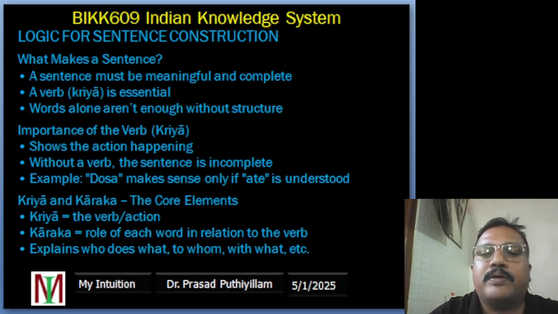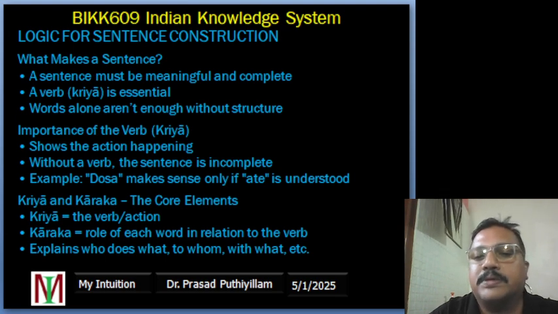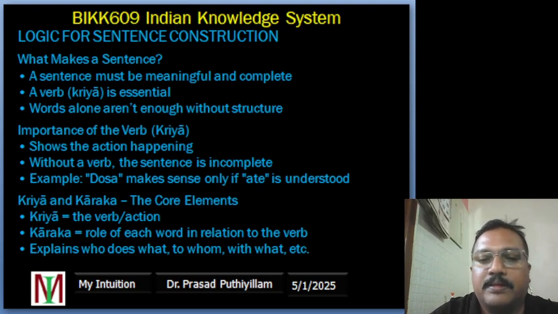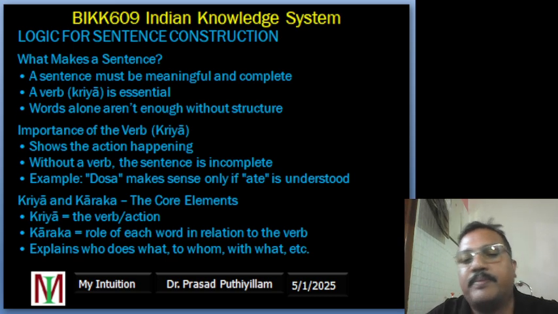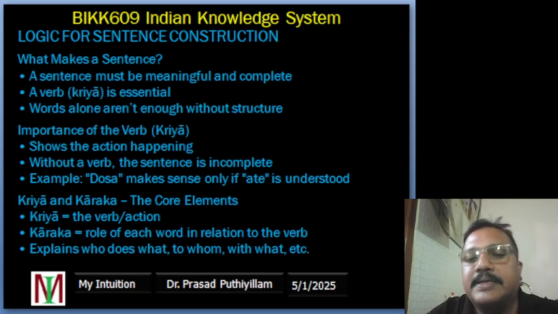But if we only say "comes," questions will arise: who comes, what is happening? Now we have to say Rama comes. In Sanskrit you can say Rama agacchati, which means the meaning is clear. So the sentence needs a verb, and often other words like who, what, or where are important.